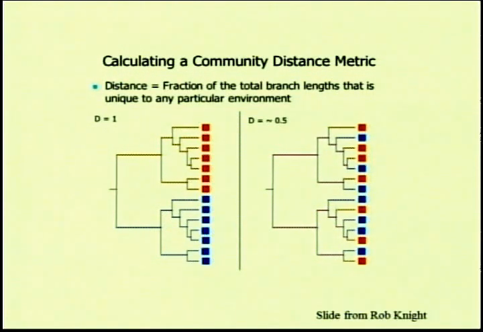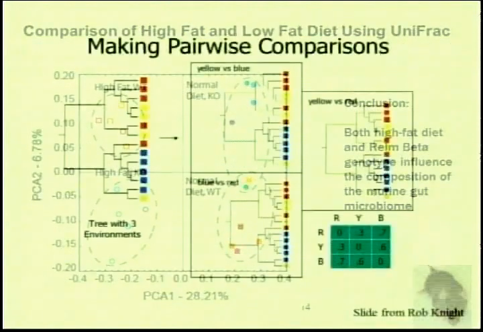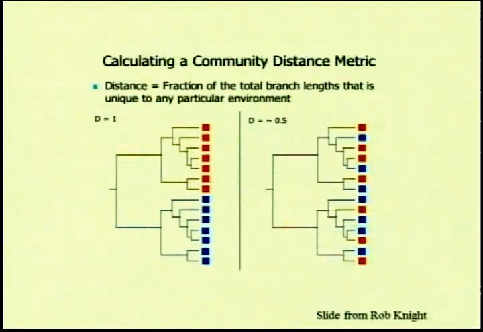So Rob's tool allows you to do that. So to compare two communities, what you do is align them on the same phylogenetic tree as shown here, and then ask how much of the branch length on the tree is shared and how much is unique between the two communities, and that gives you a score.